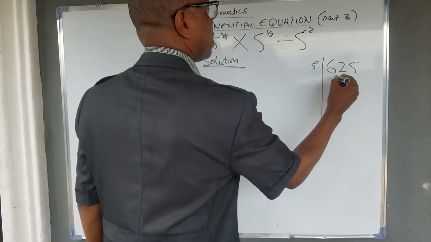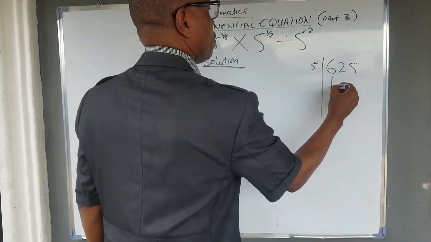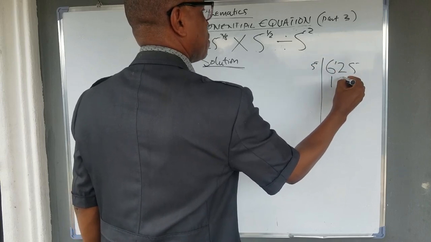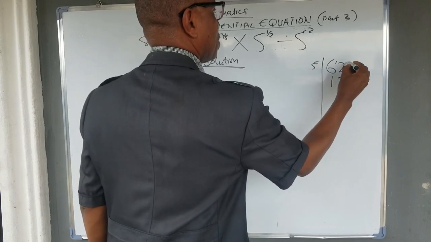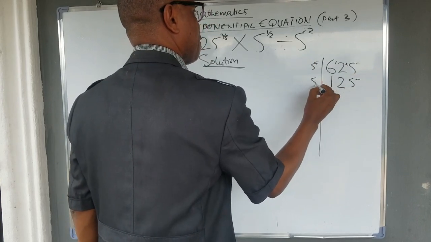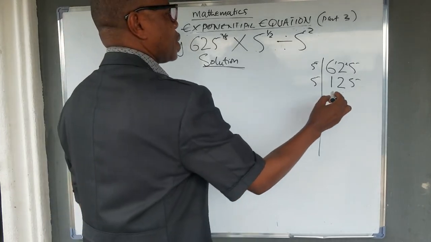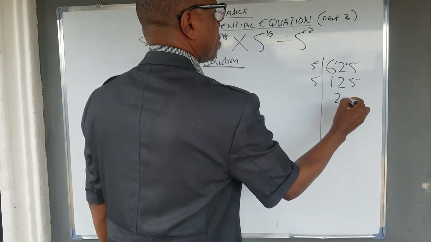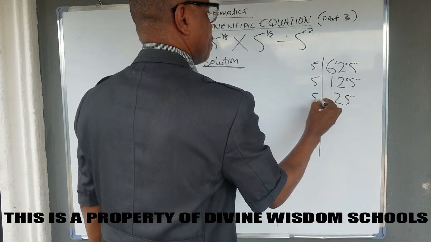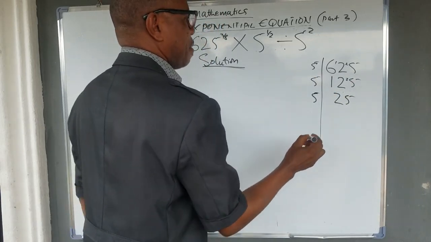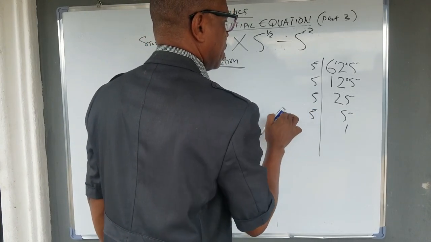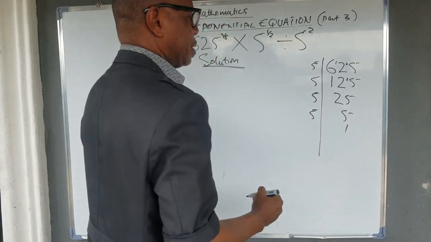625 divided by 5: 5 divided 6 is actually 1. Remember that 1, put that 1 here, becomes 12. 5 divided 12 is actually 2. Remember that 2, put that 2 here, equals 25. 5 divided 25 is 5. 5 again. 5 divided 25 is 5. 5 divided 5 is actually 1.